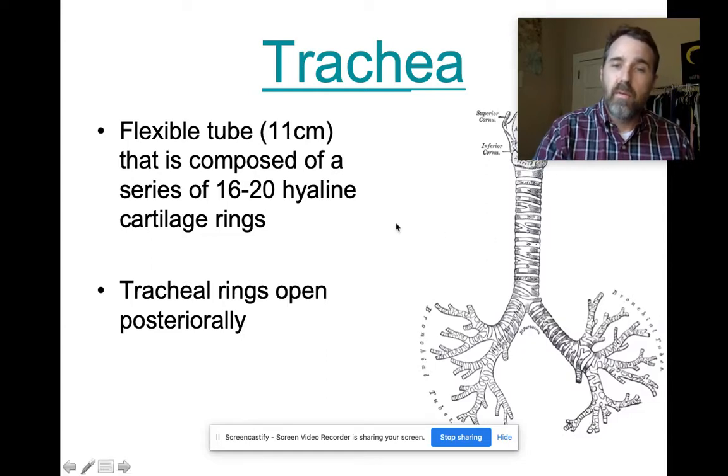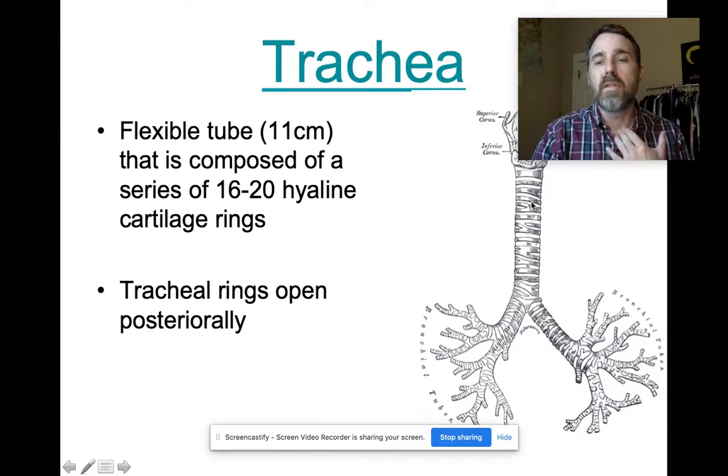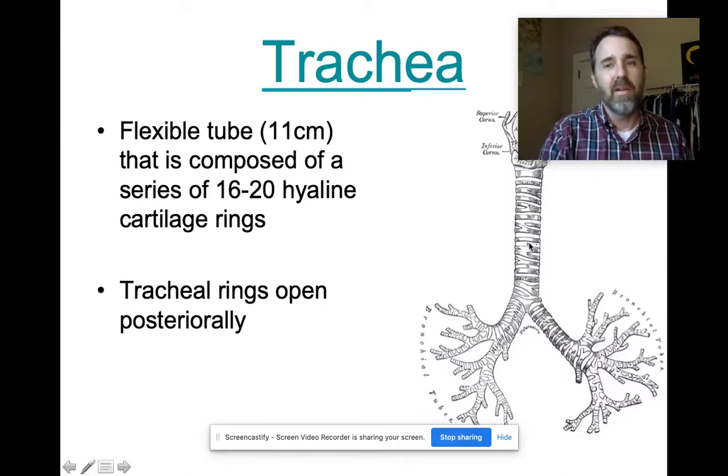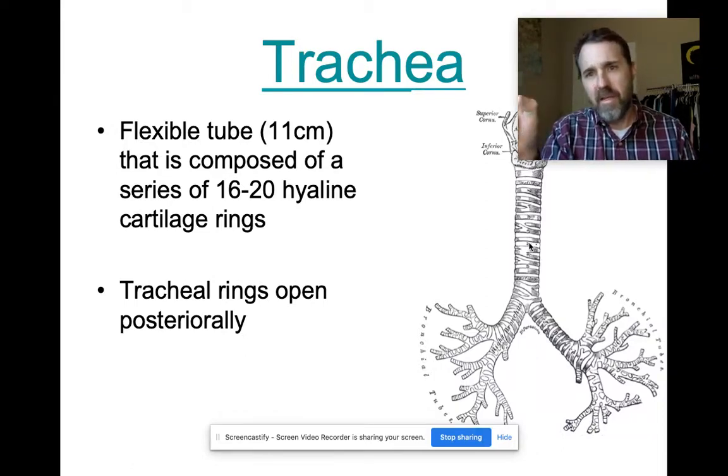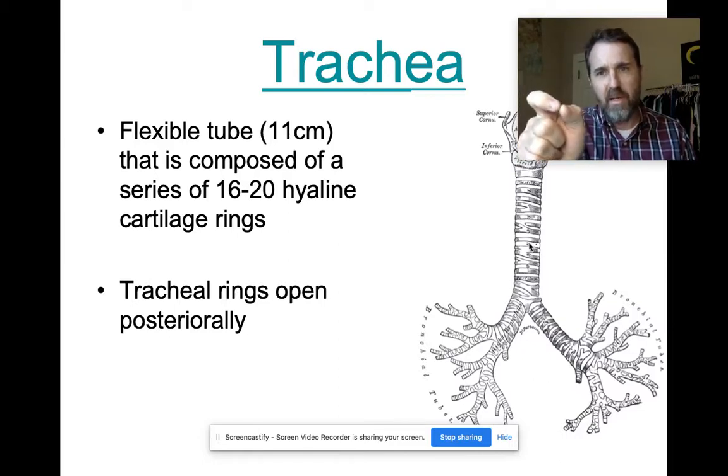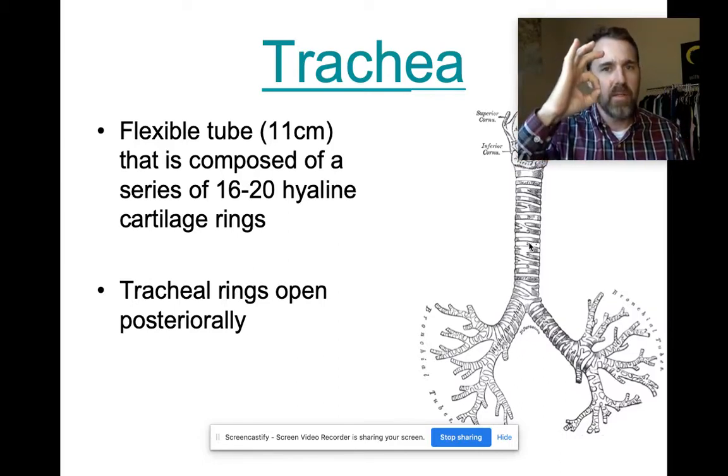These tracheal rings are closed in the front, so you see right there, that's anterior. And I know that's anterior because on the back of the trachea, the hyaline rings make a C. They don't connect. It's not a complete O, it's a C.